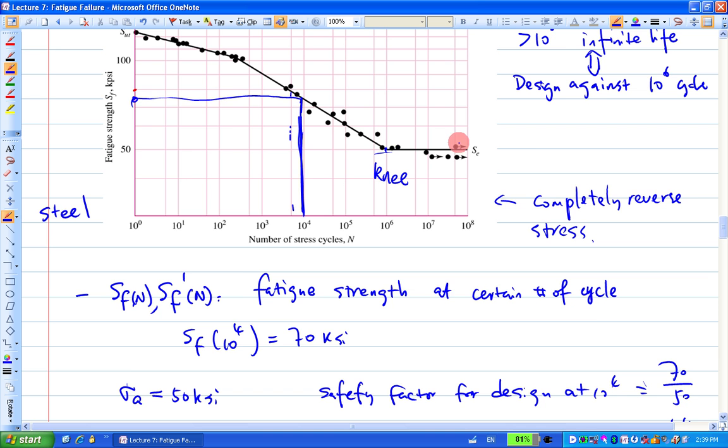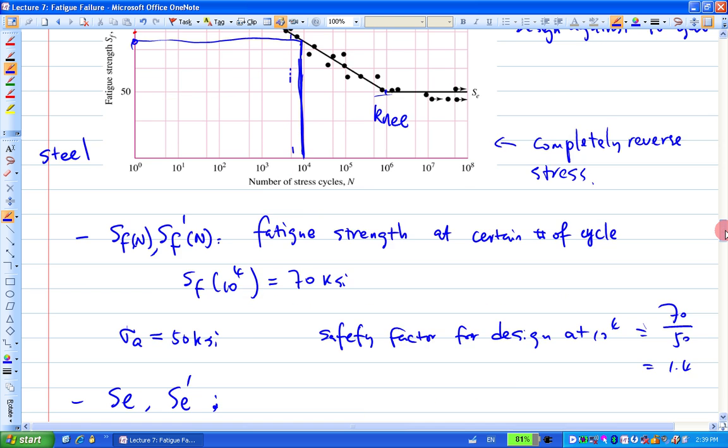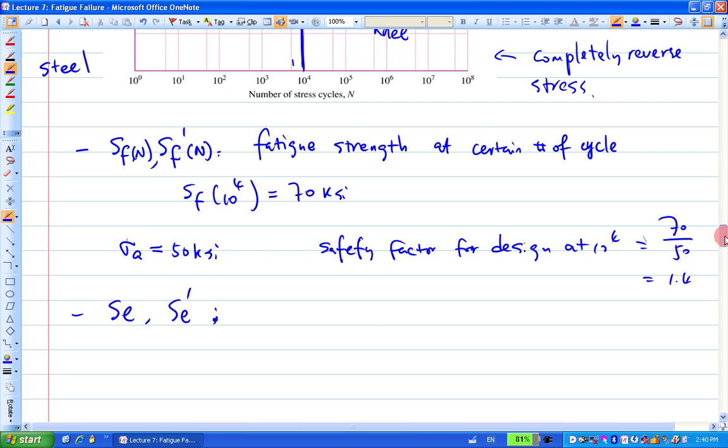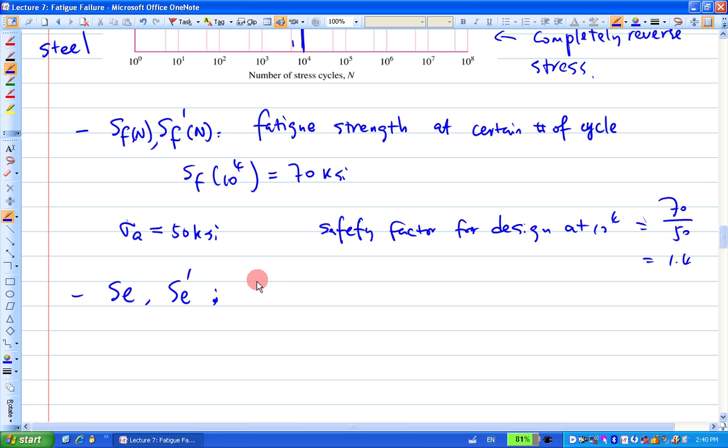If you look at this SE, it's actually not anything different from SF. SF is the fatigue strength at a certain number of cycles. Then SE is basically the fatigue strength at 10 to the power 6. That's called the fatigue limit, also called the endurance limit.